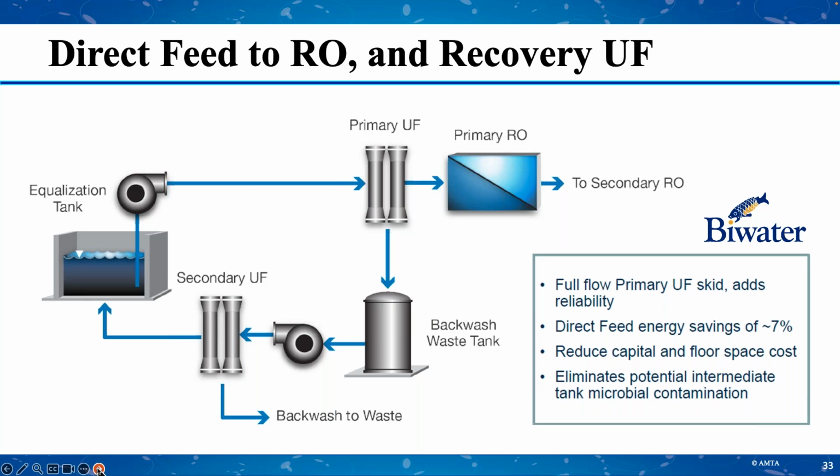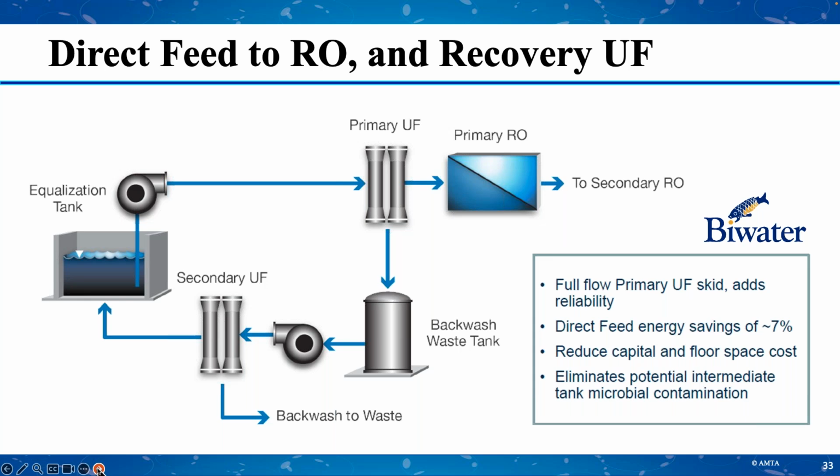And then the waste from the primary UF goes into a backwash tank. We're then going through a secondary UF, much smaller skids, and then the filtrate from that goes back to the head of the plant, and therefore you're not having the issues with that secondary UF feeding the primary RO with all the controls and everything else, because it's direct feed.